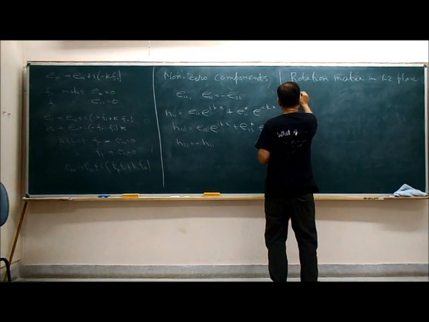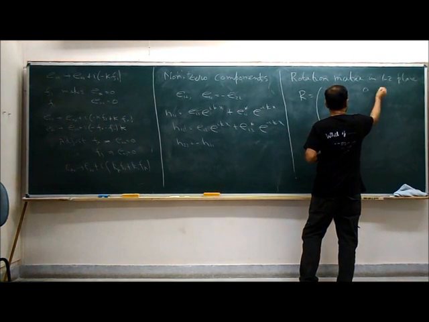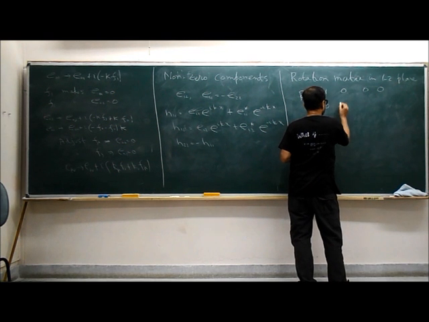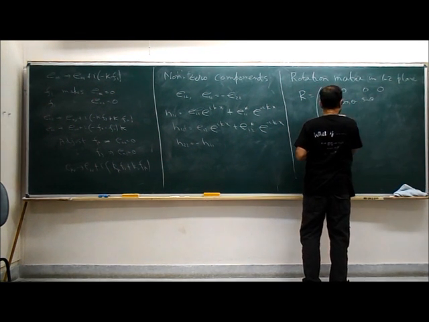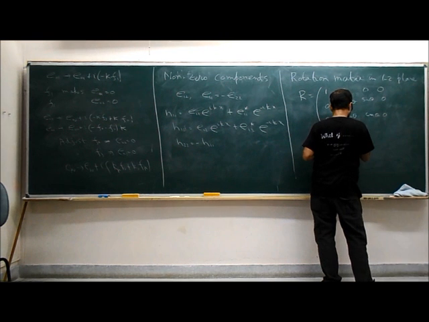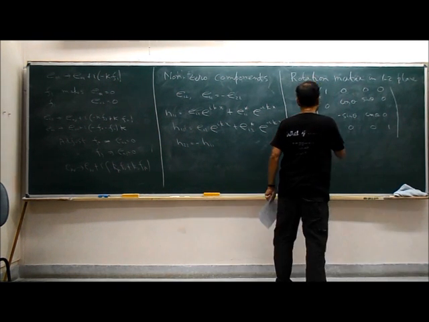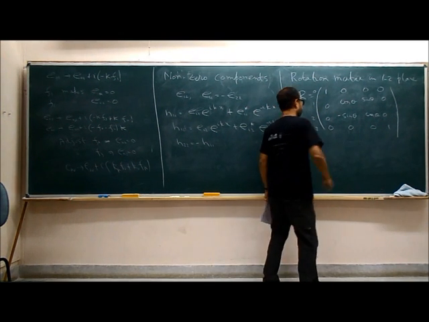So this is 1 0 0. So this is our 0, this is 1, this is 2, this is 3.